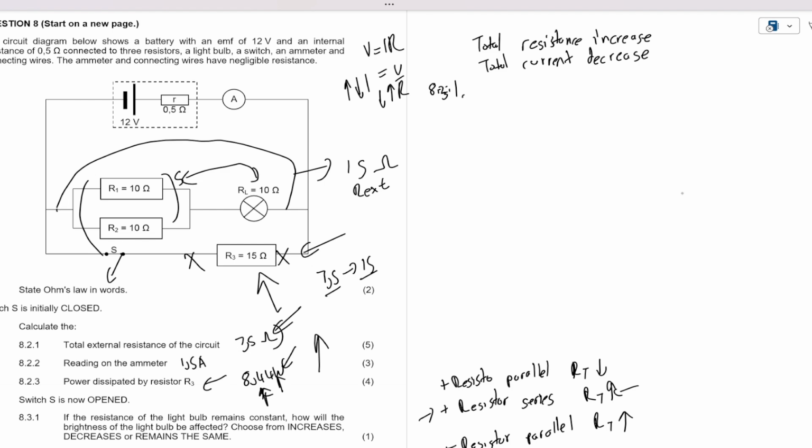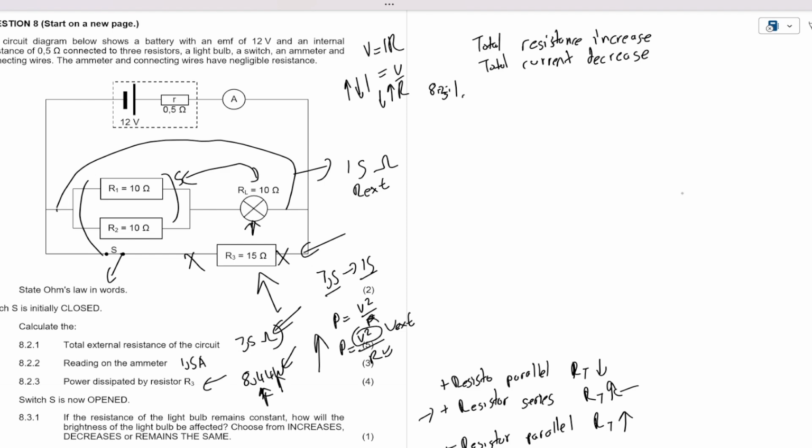We established that the formula that we're using to calculate power is P equals V squared over R. Because R is constant for this bulb, we are going to see how V changed. How did V external change?